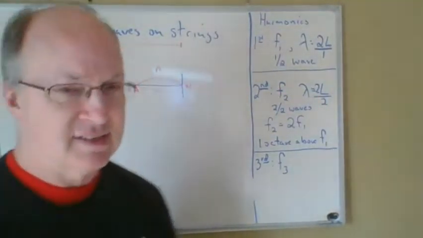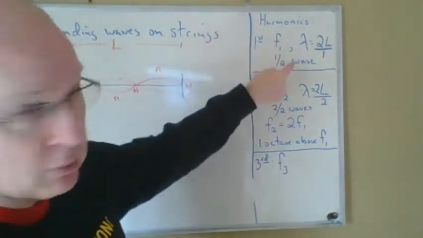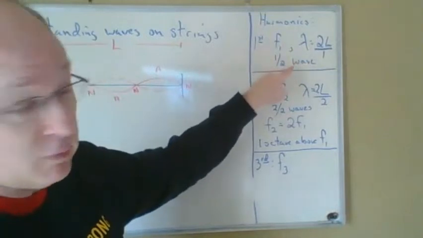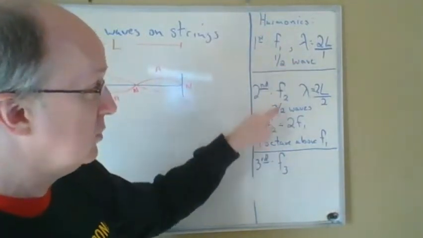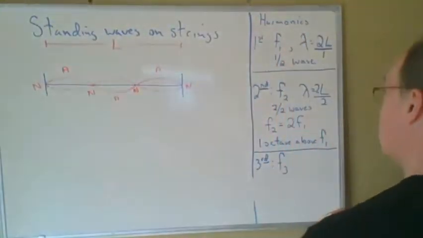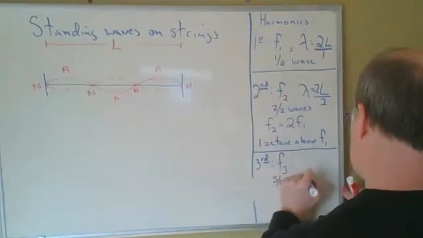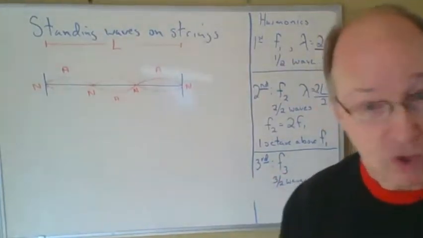Another way to think about it is every antinode is a half a wave. The first harmonic was just one antinode, which was 1/2 of a wave. The second was two antinodes, which was 2/2 of a wave. The third is three antinodes, which is exactly 3/2 of a wave, or 1.5 waves.